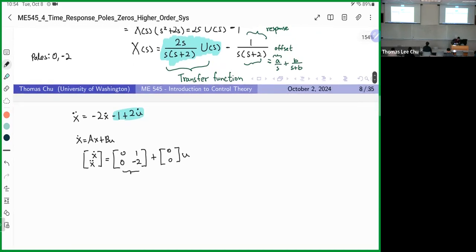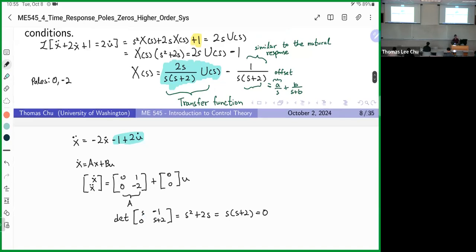Okay, this is our A matrix. Let's just do this first. Determinant of sI minus A, which is [s minus 1, 0, s plus 2], is equal to s squared plus 2s, which is equal to s plus 2, which is equal to 0. Same thing.